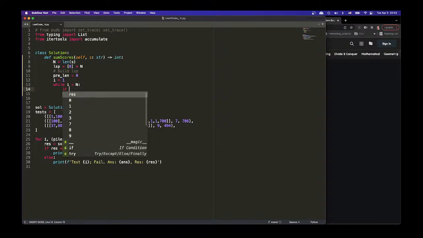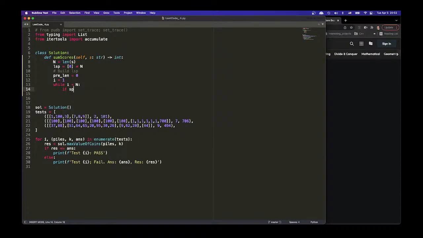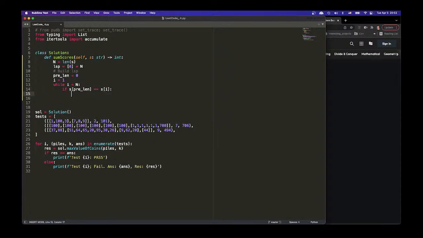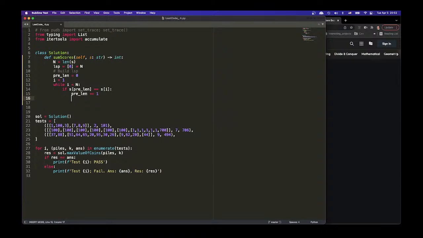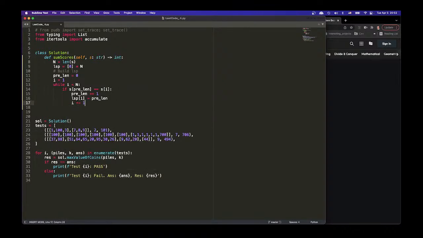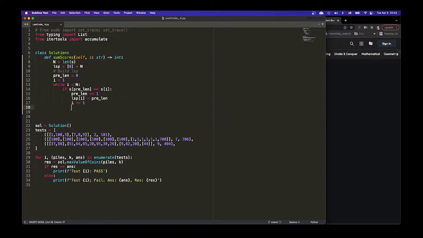We say if s[pre-len], which basically checks the next one, is equal to s[i], if they're the same, that just means the prefix gets extended, right? We say pre-len += 1, LSP[i] = pre-len, and i += 1. Right, we just keep moving forward.